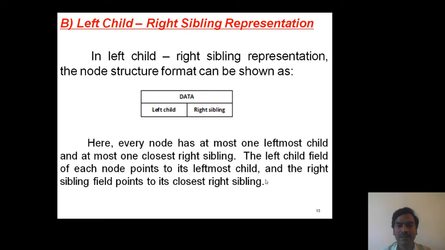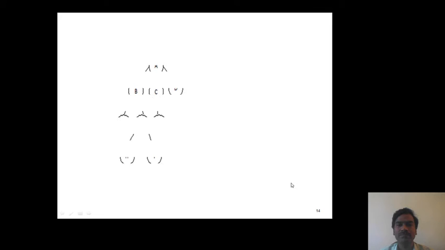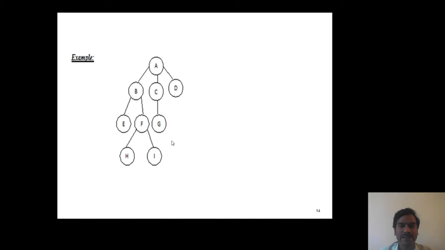Here, the data part consists of the information part of the element, and every node has at most one left child and at most one closest right sibling. So a node may have any number of siblings, but we place the closest right sibling. Let us see an example. This one, tree data structure.